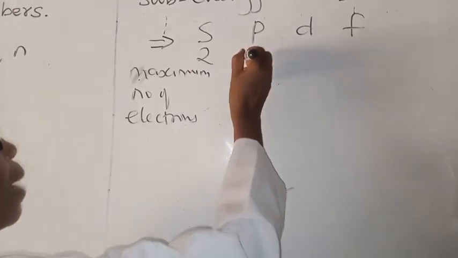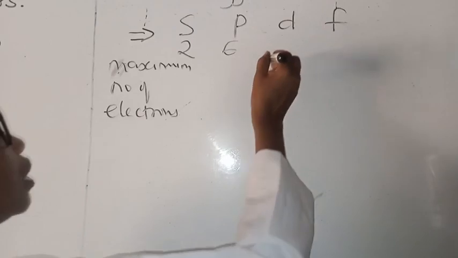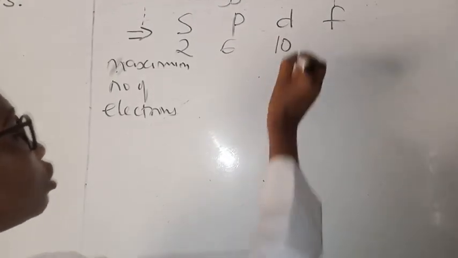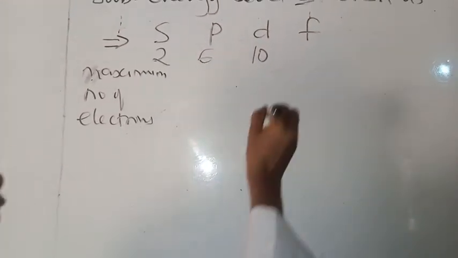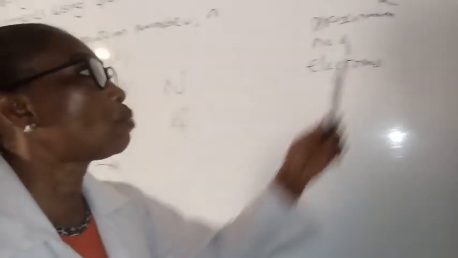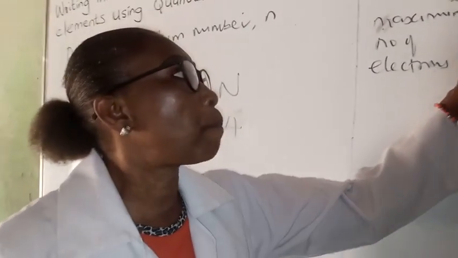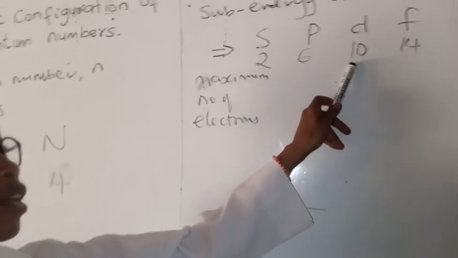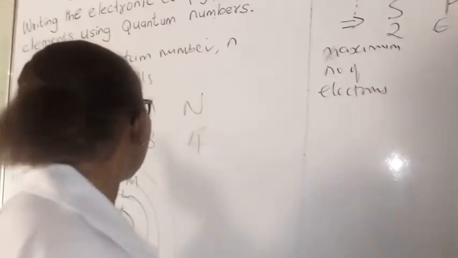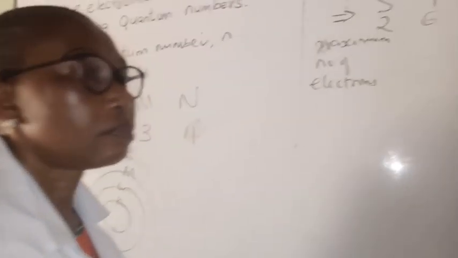P can contain a maximum of 6 electrons, d can contain a maximum of 10 electrons, and then f will contain a maximum of 14 electrons. If you look at it, we started with 2 and we're adding 4. 4 plus 2 gives you 6, 4 plus 6 gives you 10, and 4 plus 10 gives you 14. Now, how do we make use of this to write electronic configuration?